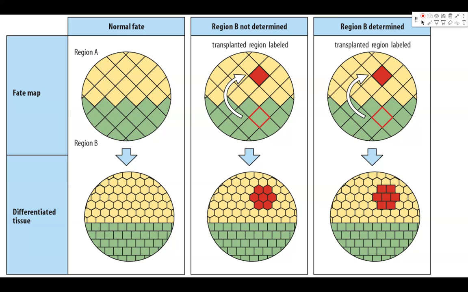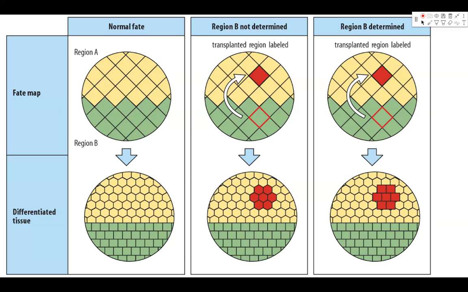What they did was they took a cell from the yellow section, which is the word I couldn't think of just then, and put it in the green section, or vice versa. If they did this before that determination point, those green cells that they brought up here just followed everybody else's lead.